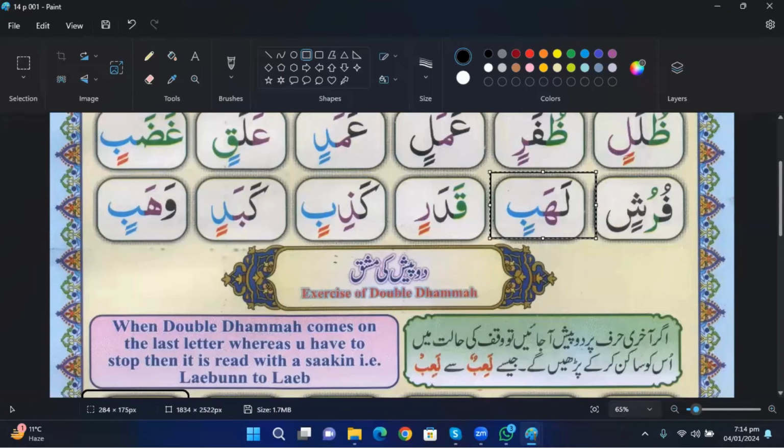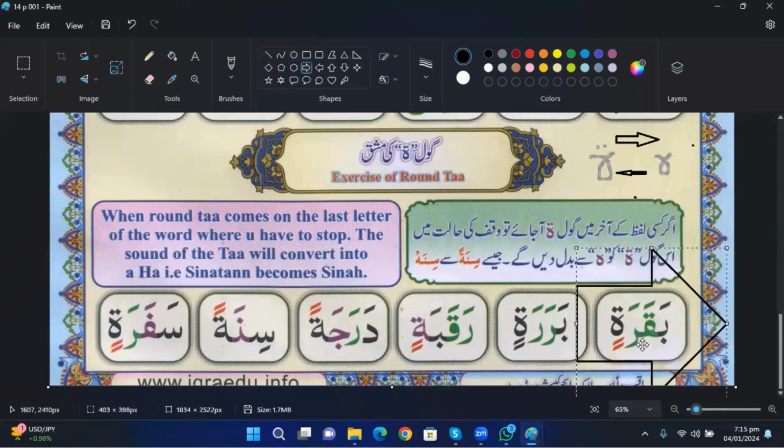Like ba fatha ba, qa fatha qa, baqa, ra fatha ra, baqara, ta double kasratin, baqaratin. In stop condition, it will become baqarah. So you can explain that qaf will read with full mouth, ra will read with full mouth, and in stop condition, round ta will convert into ha.